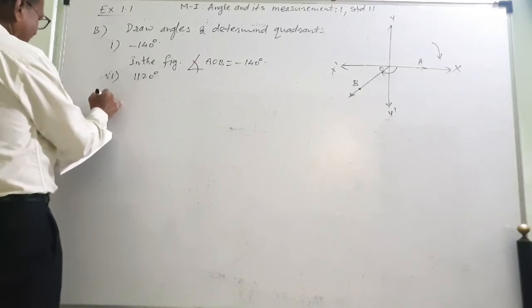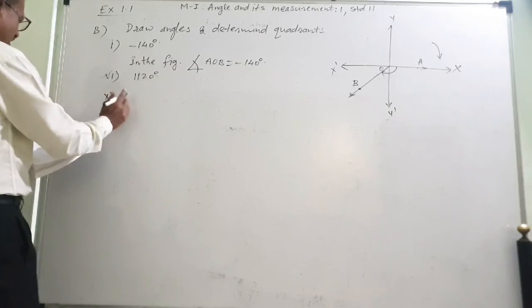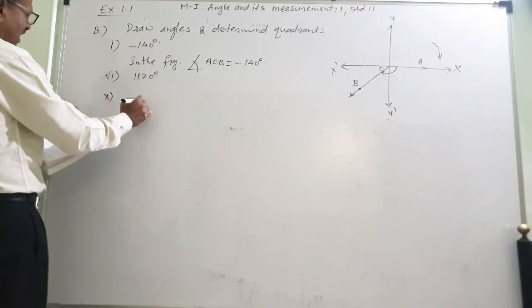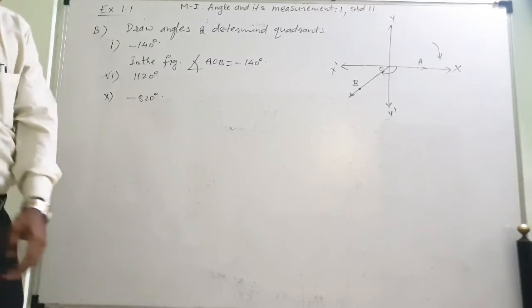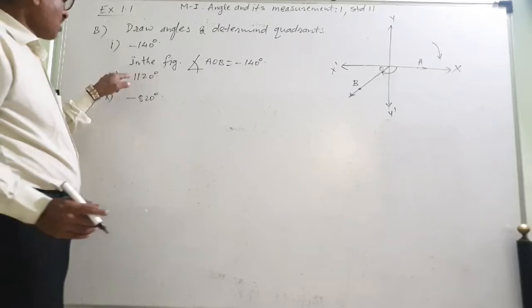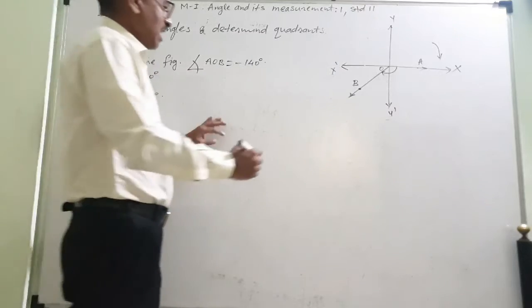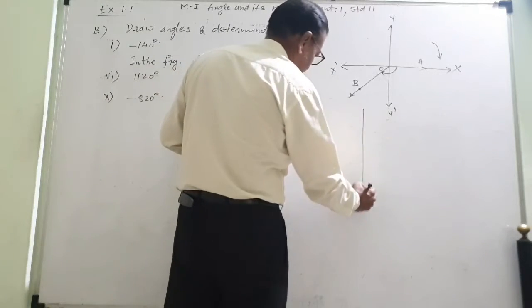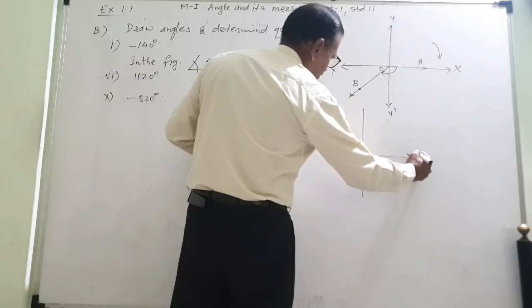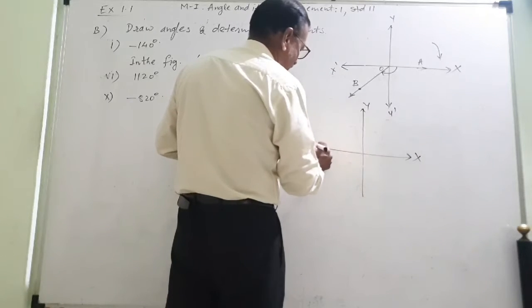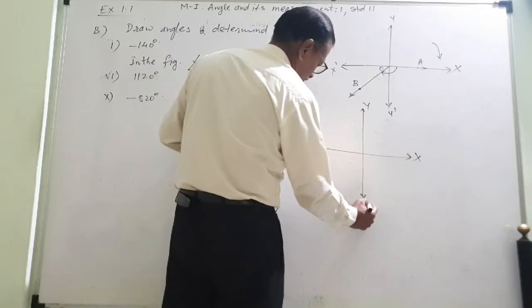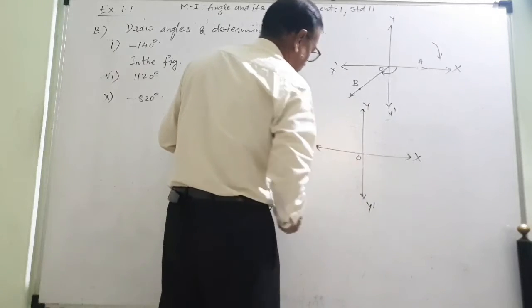And the 10th is minus 820 degrees. These three sums we will see. Now for this 1120, how to draw, that we will see. As usual, this is x, x dash, y, y dash, and this is O.